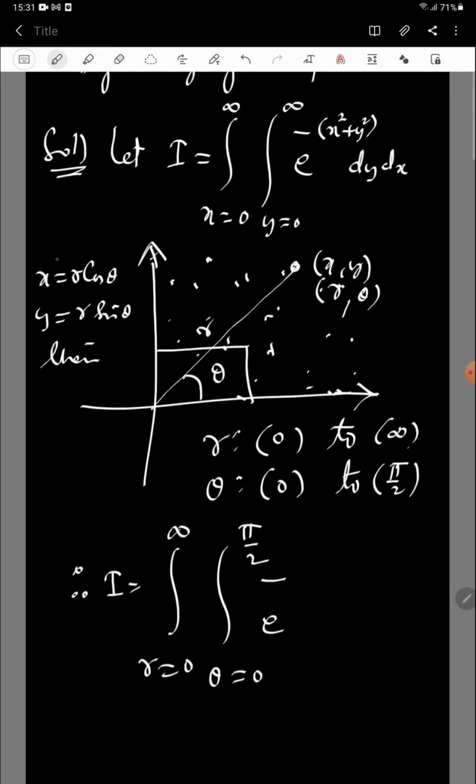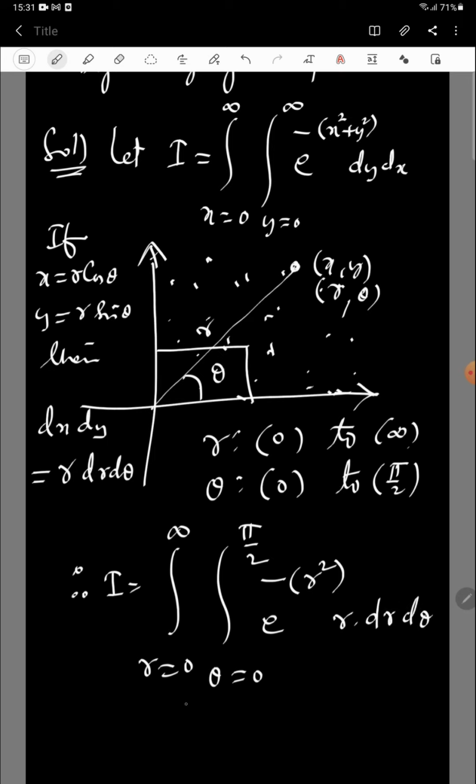Then if this substitution is done, dx into dy is now going to become the Jacobian, that is r into dr into d theta. So e to the power of minus x square plus y square just becomes r square into r into dr into d theta.